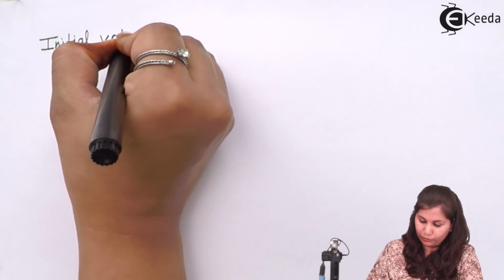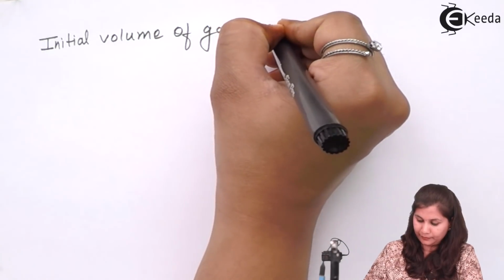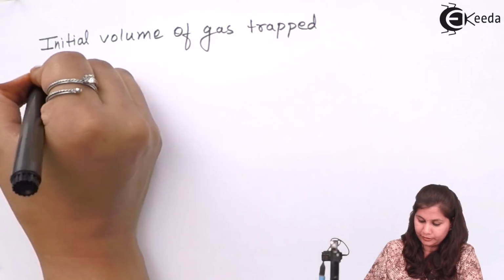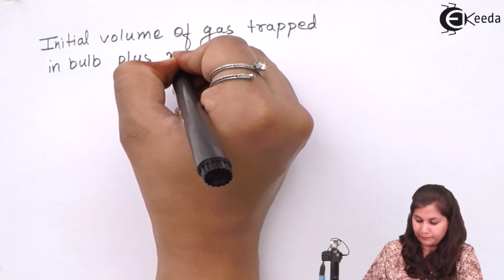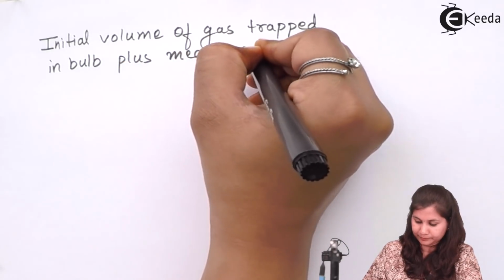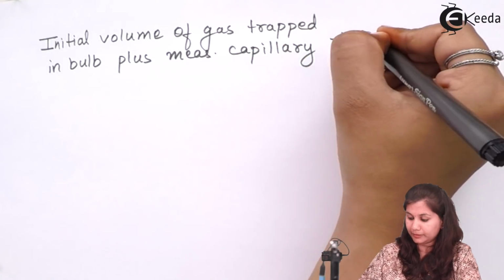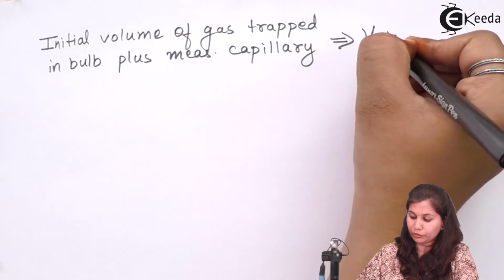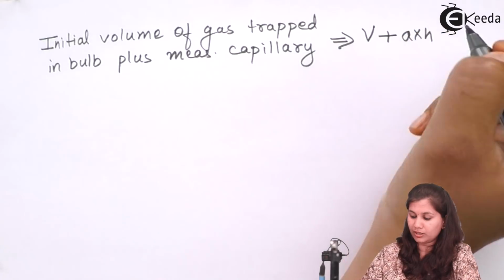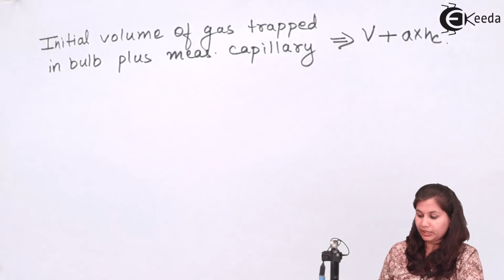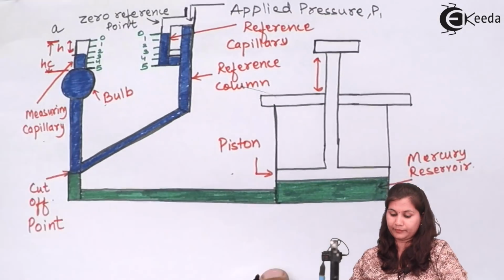So the initial volume of gas trapped in the bulb plus measuring capillary will be equal to the volume of the bulb, that is V, plus the volume of the measuring capillary. So volume will be equal to area into height, so A into HC. You can see it from the diagram.